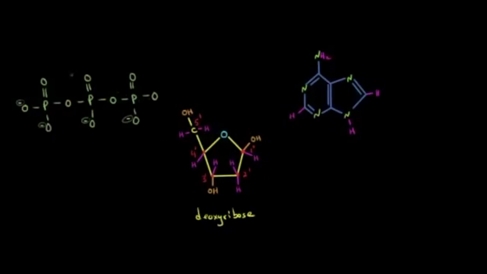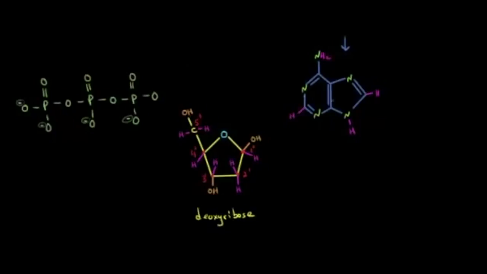The answer is that we're trying to differentiate between the carbons in this molecule, which I will explain in a minute, and the carbons in the deoxyribose. For some reason the carbons in this molecule took precedence, and the carbons there are labeled 1, 2, 3, 4, 5, etc. And so the carbons in deoxyribose are labeled 1 prime, 2 prime, 3 prime, etc. But anyway, that takes care of deoxyribose.